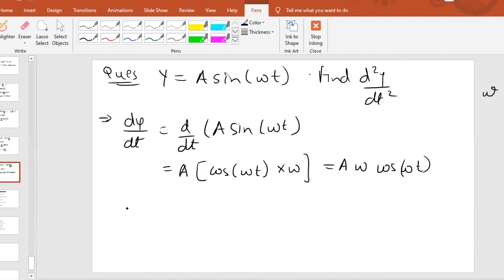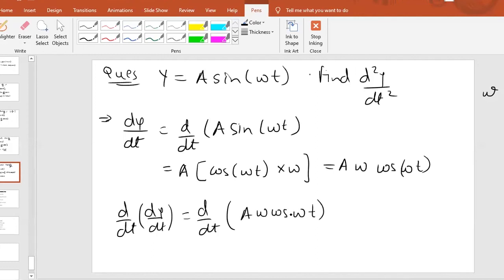Next, you have to differentiate this again with respect to t. So d by dt of dy by dt is d by dt of a omega cos omega t. Now a omega is constant, which we can take outside.